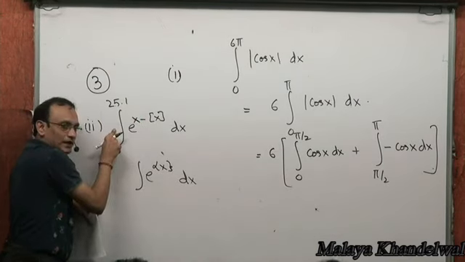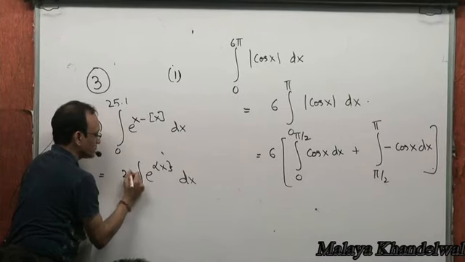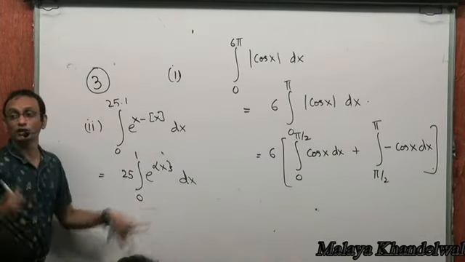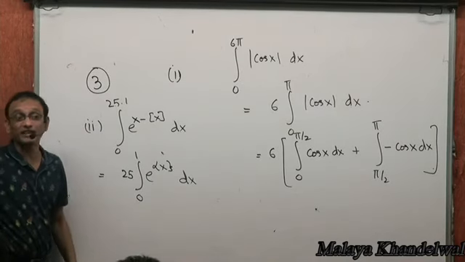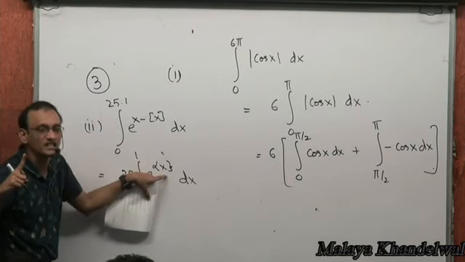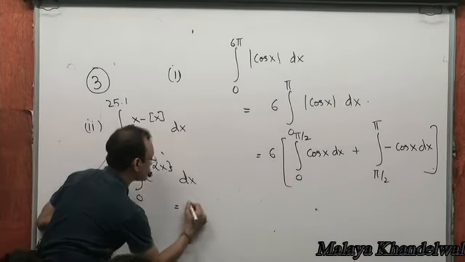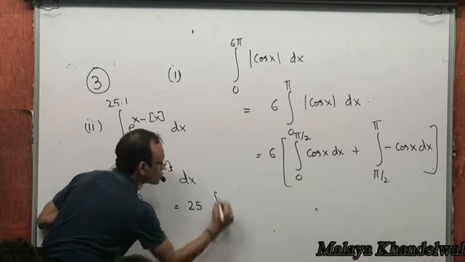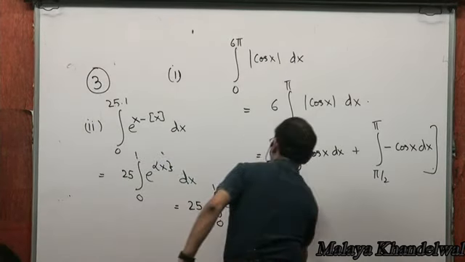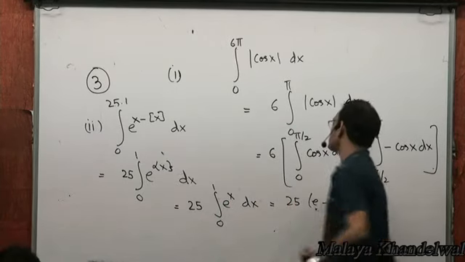So this 25 will come here. So this is 25 times 0 to 1. And in the interval 0 to 1, fractional part of x is x. When x varies from 0 to 1, fractional part of x is x. So this is 25 times 0 to 1 e power x dx, which is 25 times e minus 1.